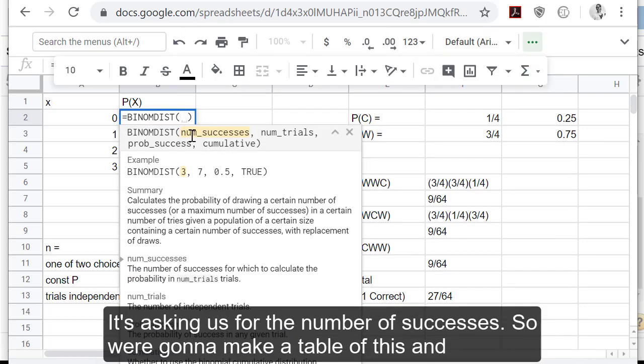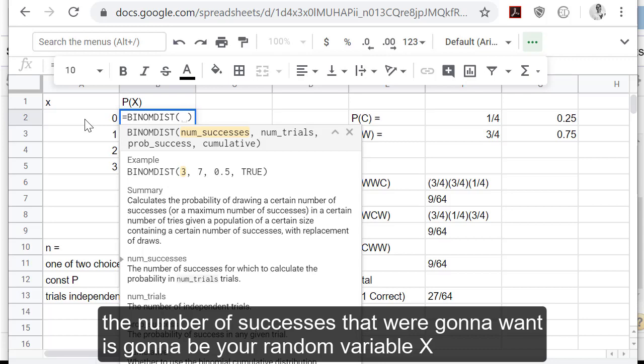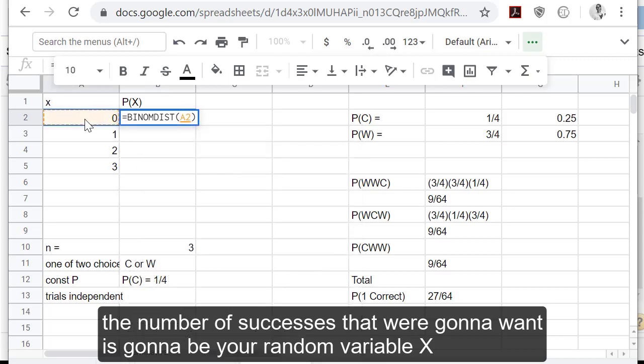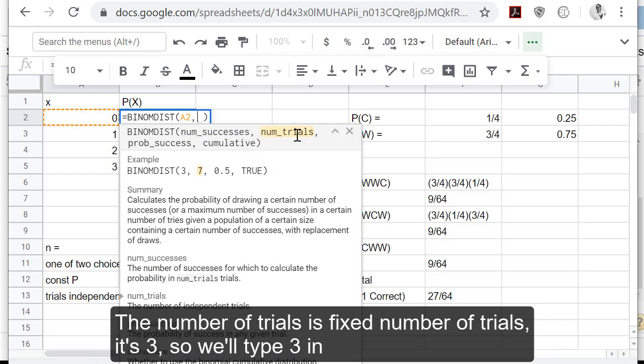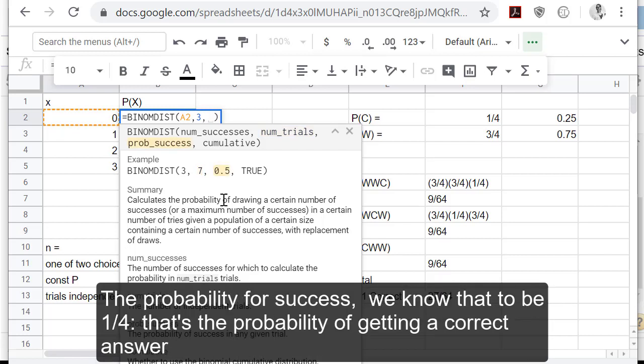This binomial distribution probability is another version of it, so let's just pick one of them. It's asking us for the number of successes, so we're going to make a table out of this, and the number of successes is going to be your random variable x. The number of trials is a fixed number, it's 3, so we'll type 3 in. The probability for success, we know to be 1/4.